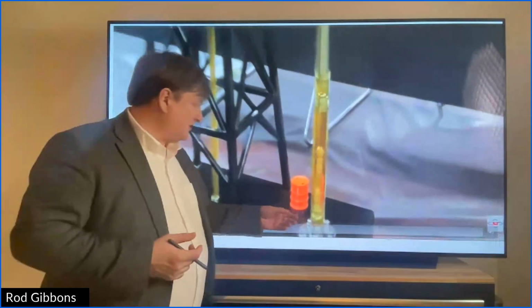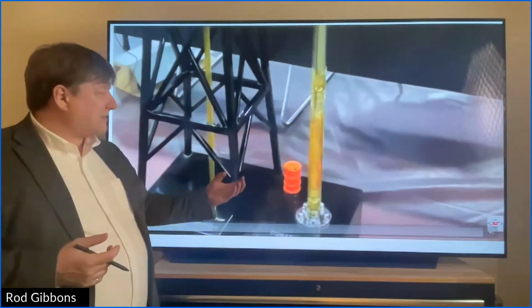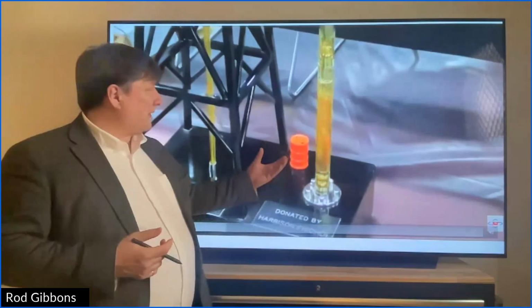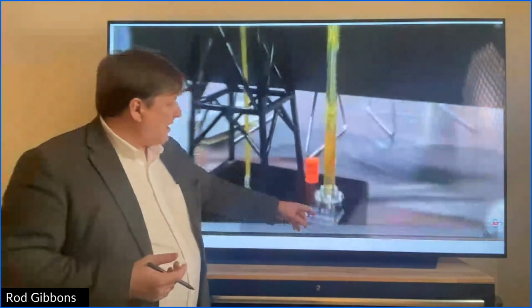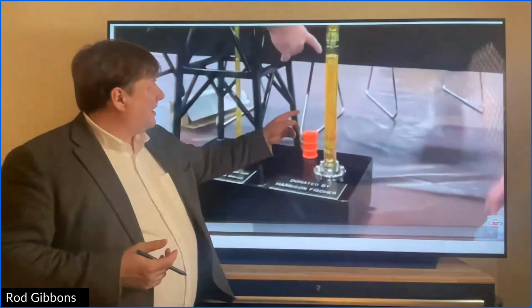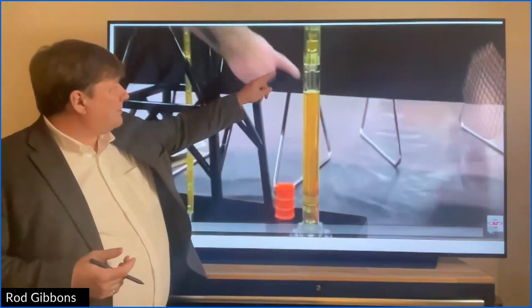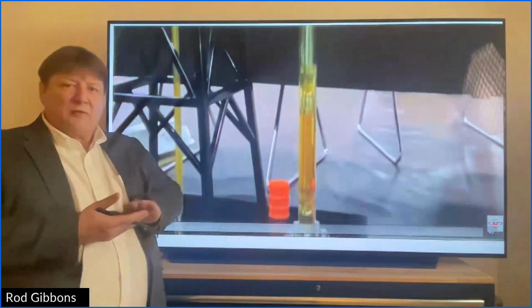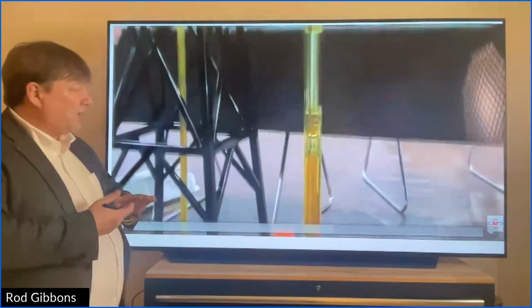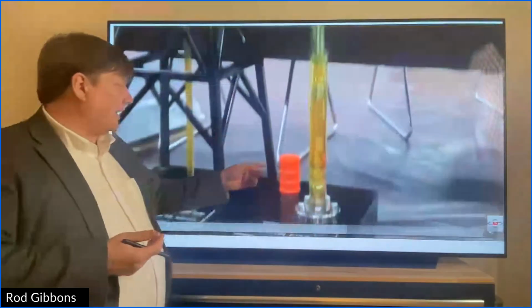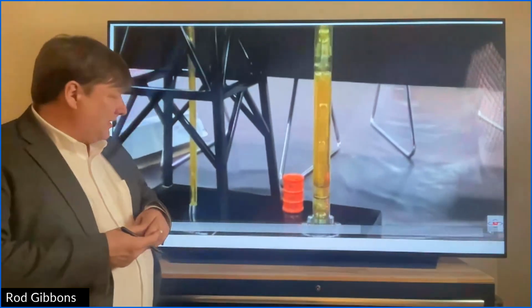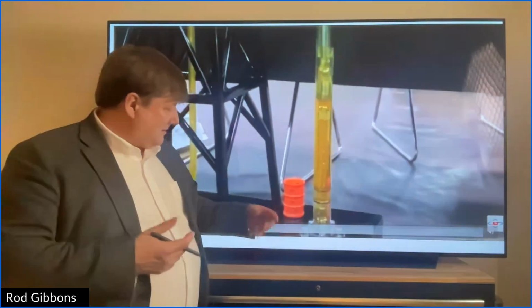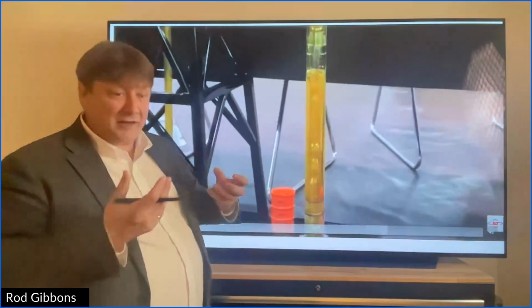But really, what he's trying to simulate is if you had gas coming into your pump barrel, you see that you get a lot of gas coming in, and then now this traveling valve is going to have to get through that gas and then hits the liquid at a very much more higher speed than normal. So that can cause a lot of wear on the pump parts. So, and you can also see the standing valves also chattering and moving around a lot.